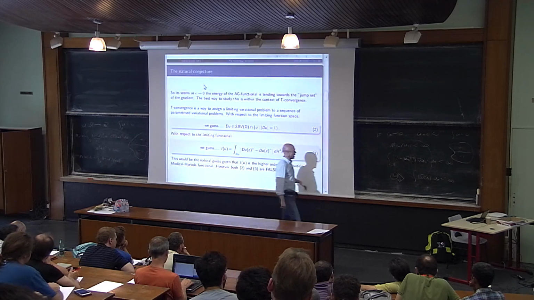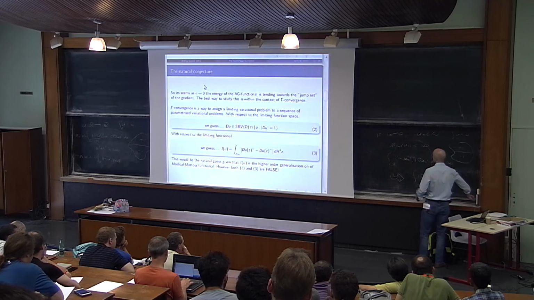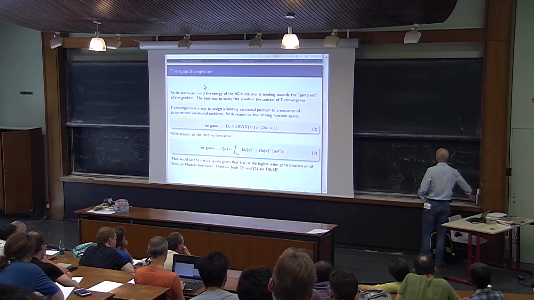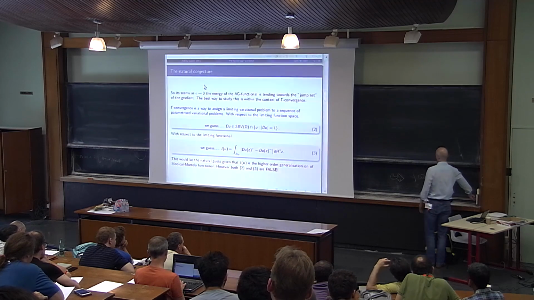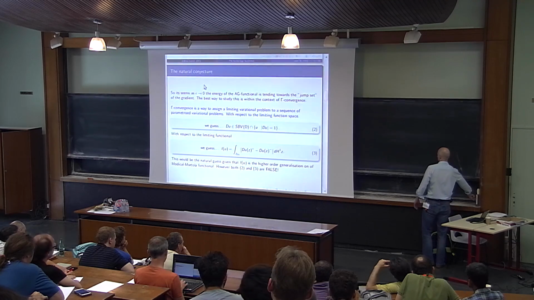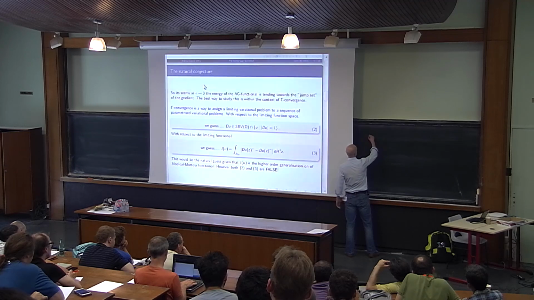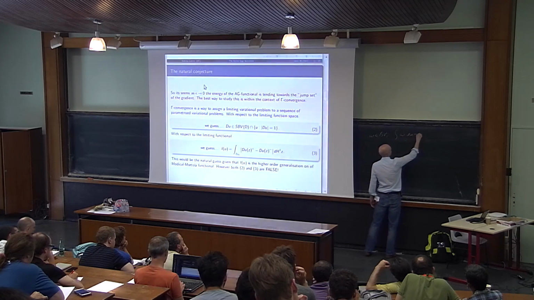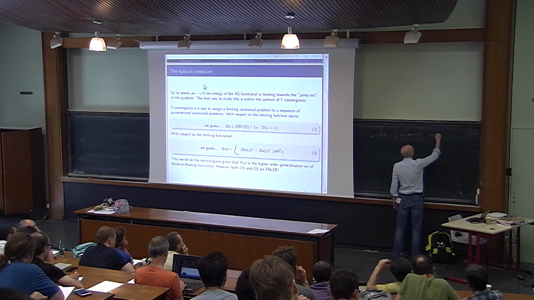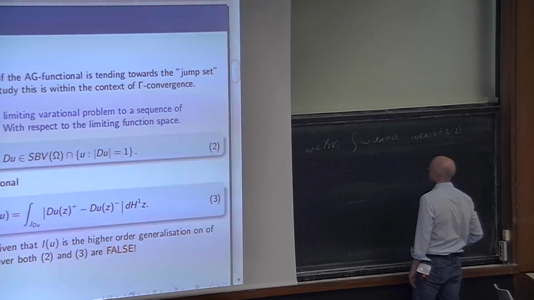So we'll have a limiting function space of functions w belonging to BV such that the integral of w is 0, and w of x belongs to {+1, -1}.